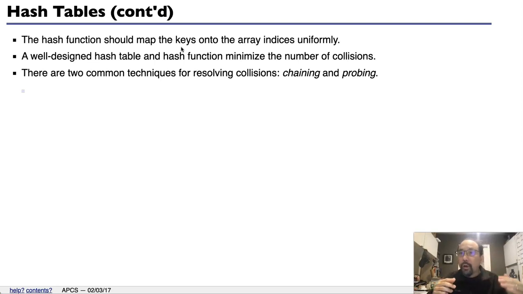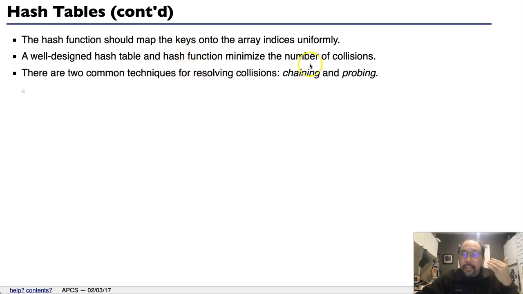San Jose will always be mapped to the number 23. Sacramento will always be mapped to, say, the number 526. But what happens is it's uniformly mapped, so you don't end up with 10 cities all mapping to the same number all the time. You'd really want it to be uniformly distributed across all the different array indexes that you have available.